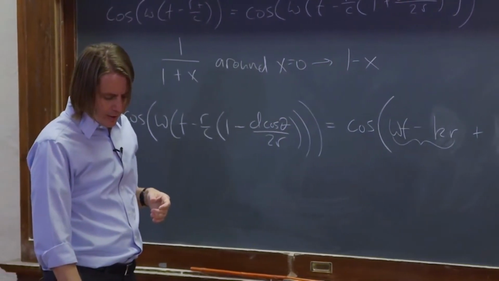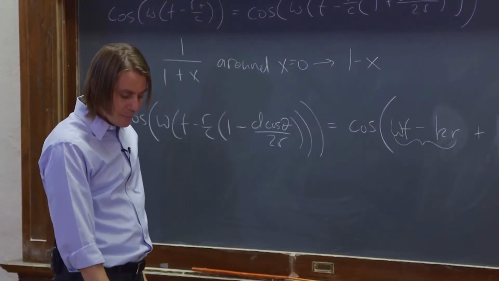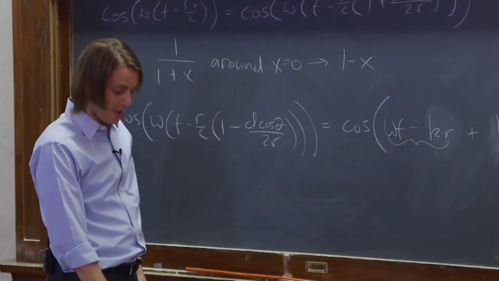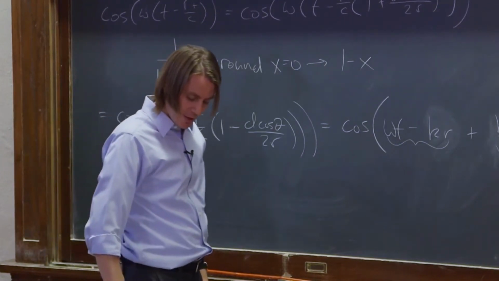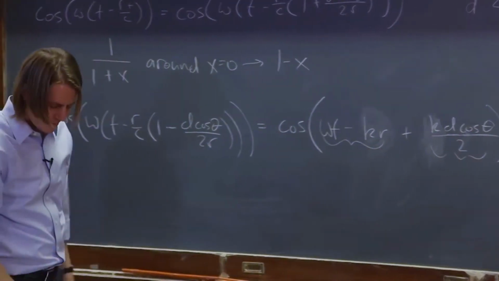So we could use the sum-to-product rule. It would be the cosine of this times the cosine of this minus the sine of this times the sine of that.